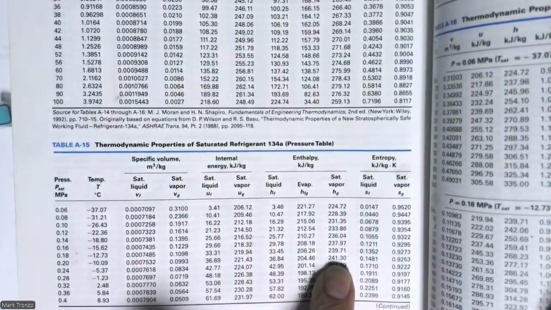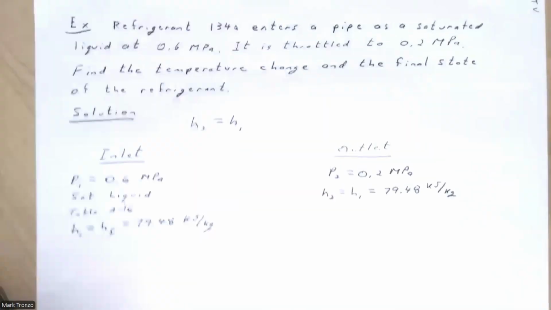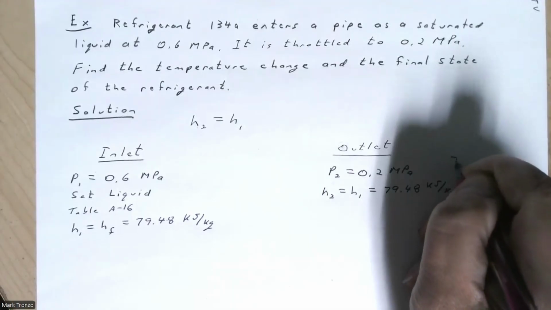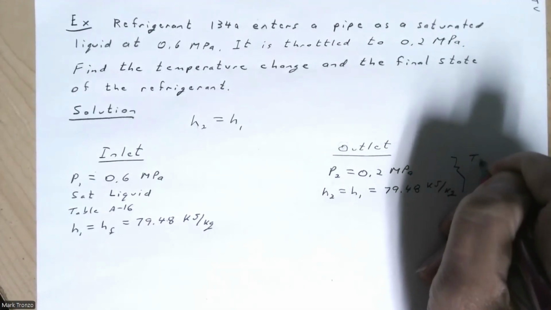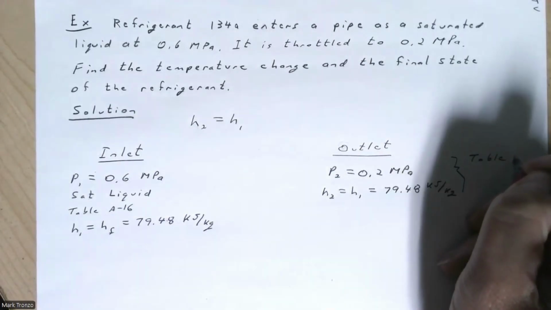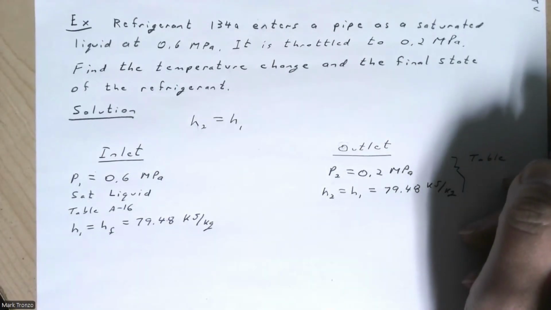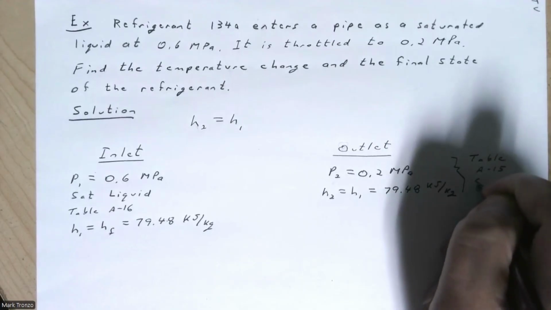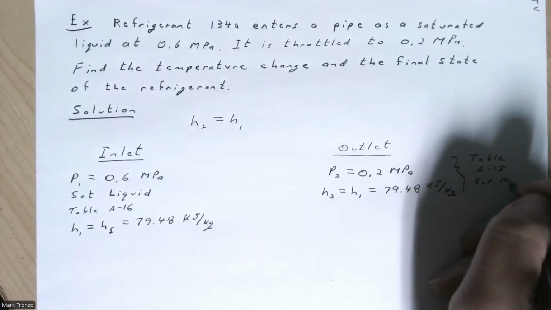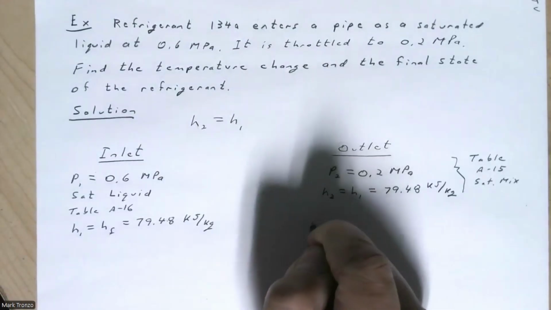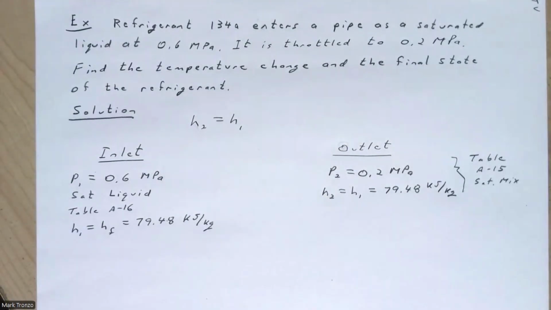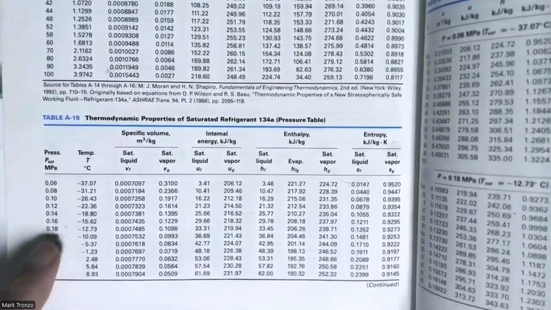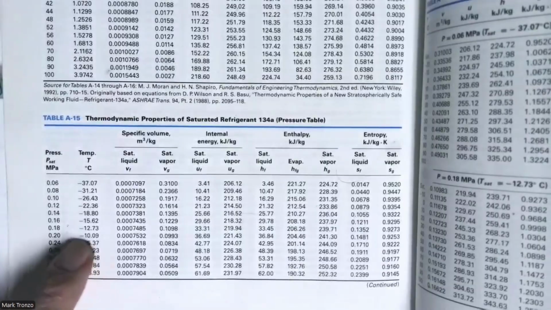So that means it is a saturated mixture. And we can find the quality. And then also we can read the temperature right off there for 0.2 MPa.